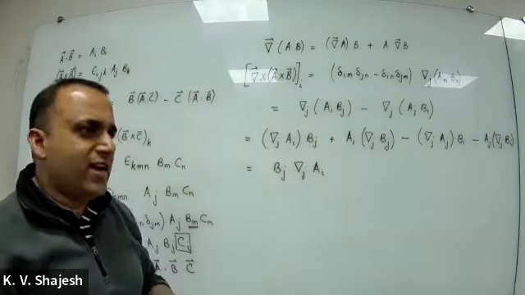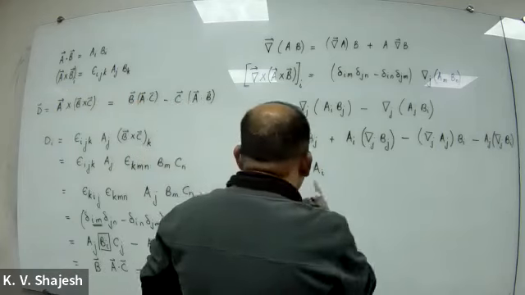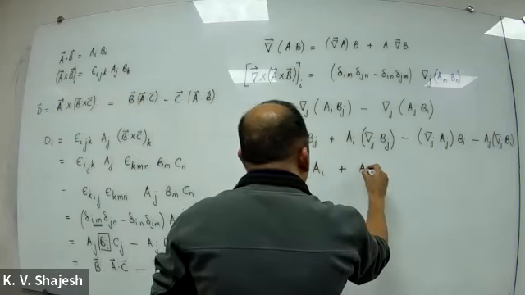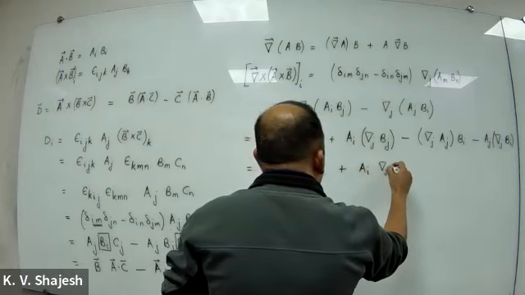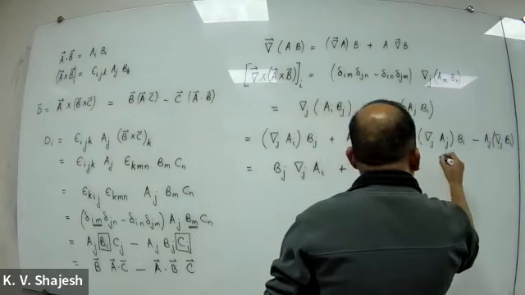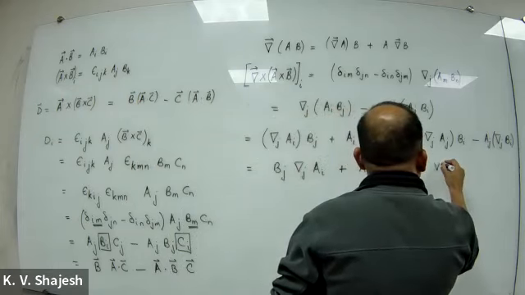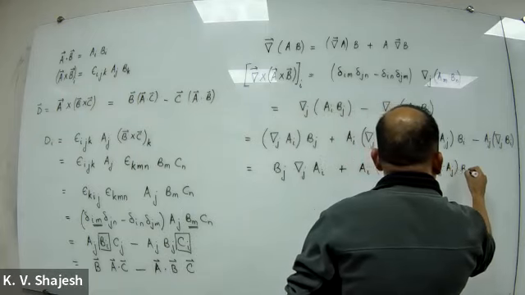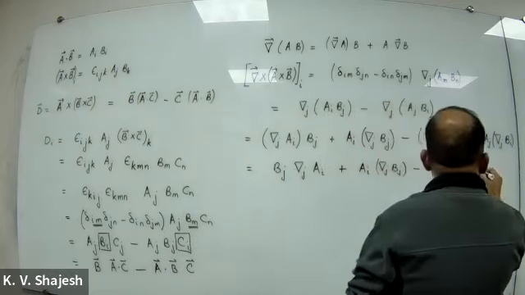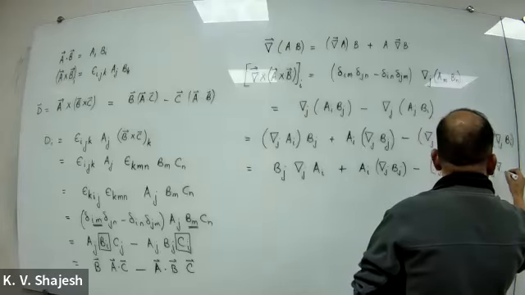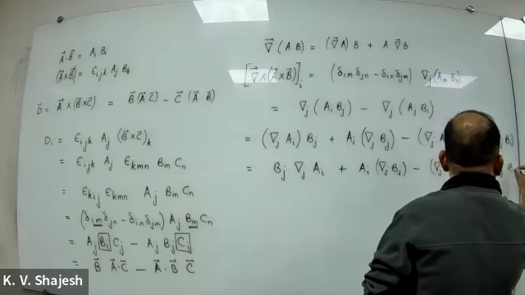I respect the gradient part of this. The gradient has to act on that function. This is A_i, B_j, and minus this is also okay. And this is change, or remove the parentheses.